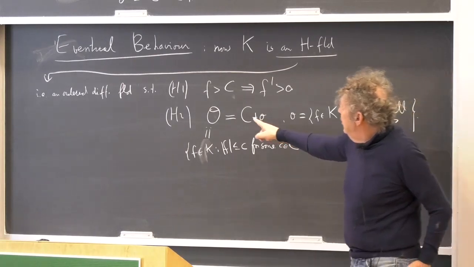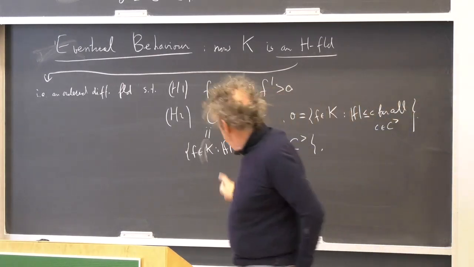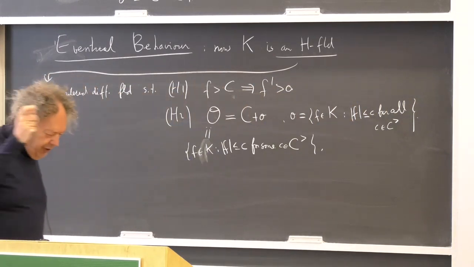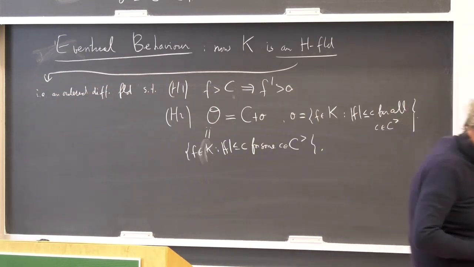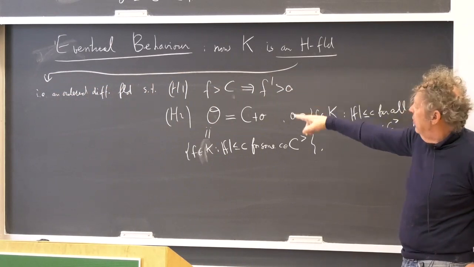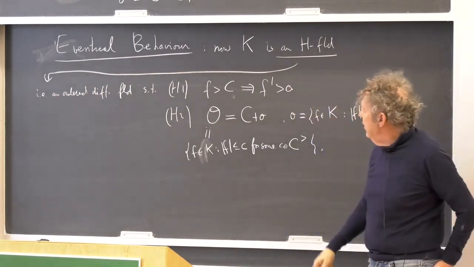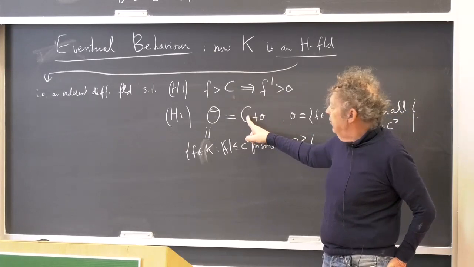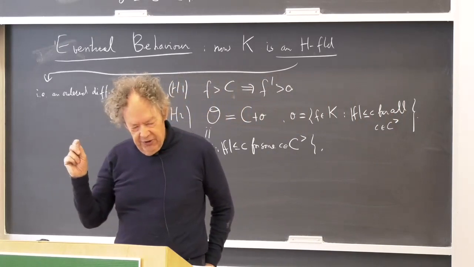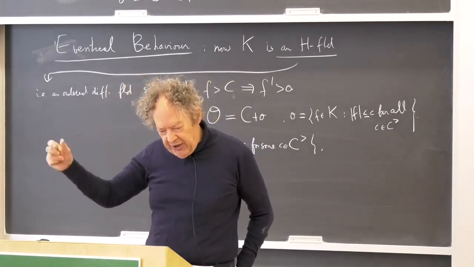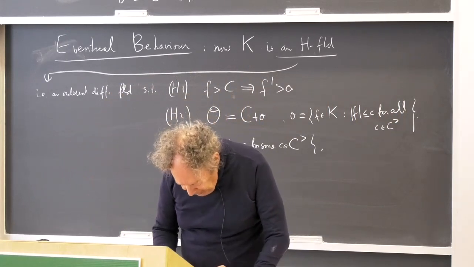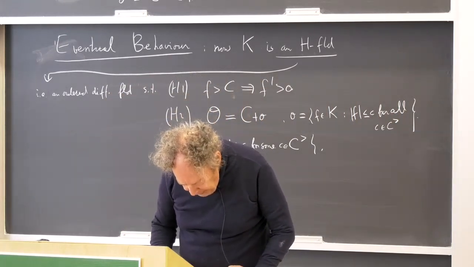Another way to think about this is that C is a field of representatives for the residue field. Since we now have a valuation on K corresponding to this valuation ring, if you mod out by the maximal ideal, you basically get C. So the constant field and the residue field are basically the same, and that plays a big role.